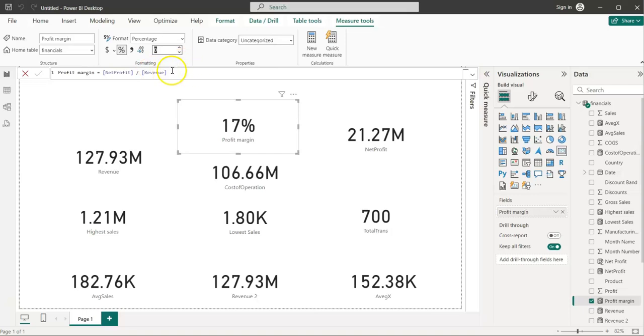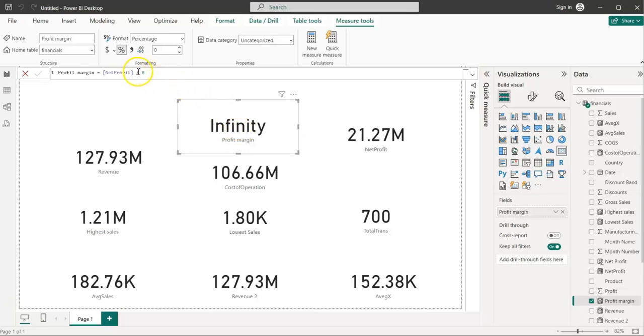Another way to calculate the profit margin, because the reason why we usually don't recommend that you use the traditional division is that it cannot divide by 0. So if I say the net profit divided by 0, in this case I'm going to have infinity, which is an error.